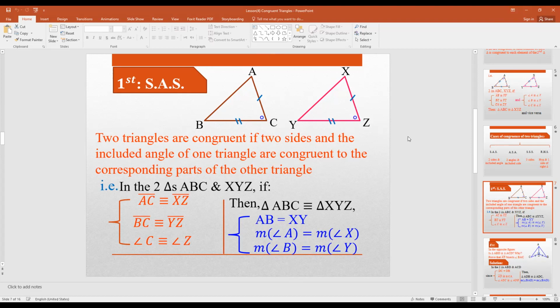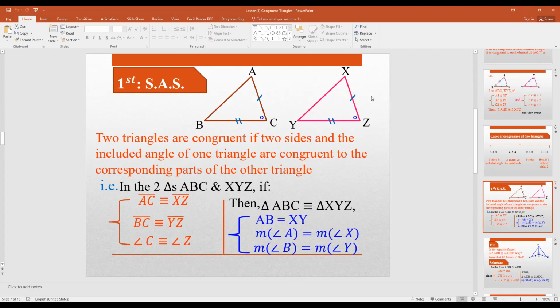So the two triangles are congruent, and we see that any triangle has six elements, three sides and three angles. The triangle is a polygon, and two polygons are congruent if each element in the first polygon is congruent to the corresponding part in the other polygon.